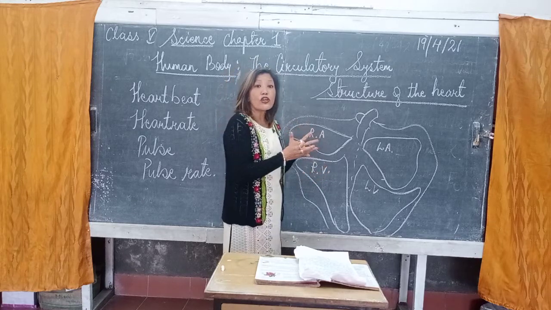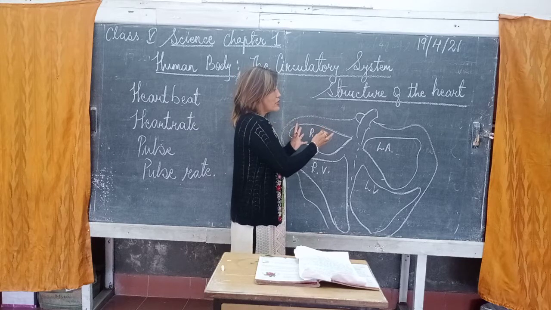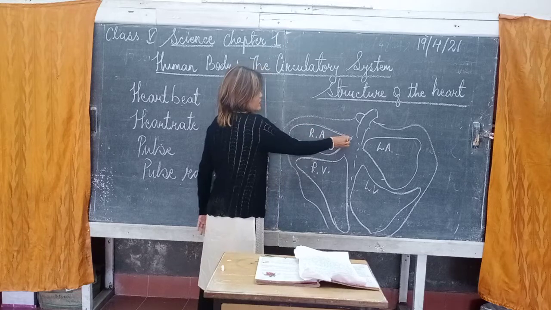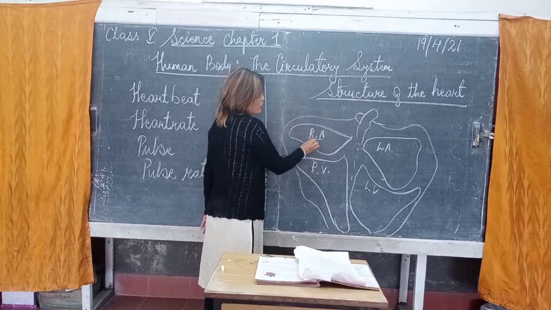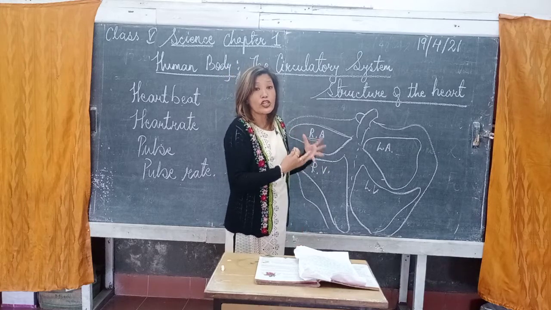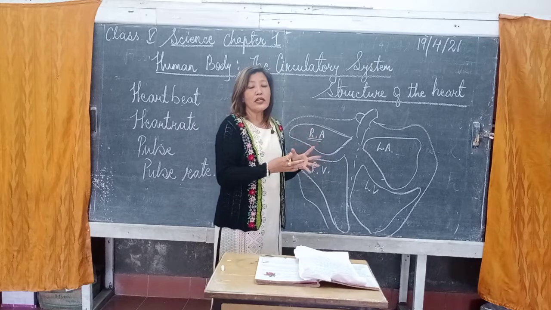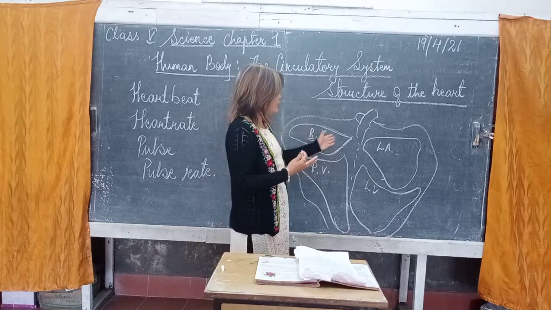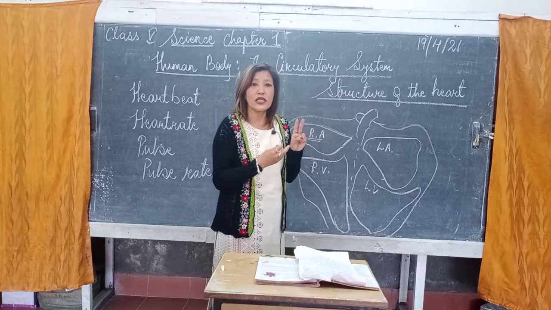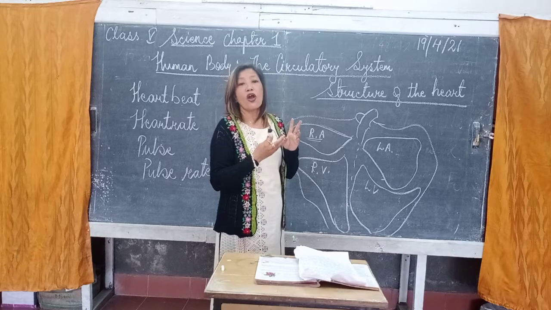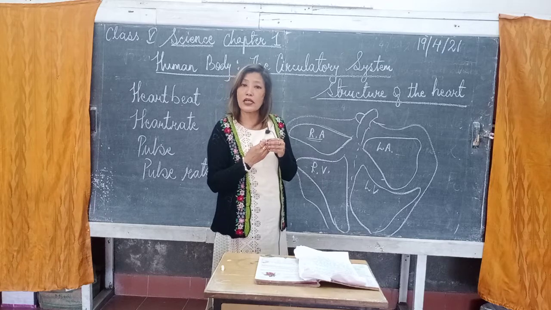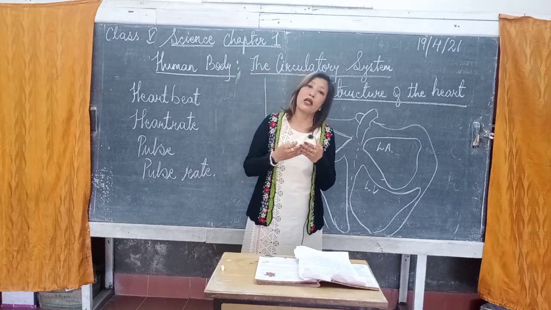If you see the circulation of blood that takes place in the heart through these auricles, this is the right auricle. The right auricle will receive deoxygenated blood. There are 2 types of blood that circulate in our body: oxygenated blood and deoxygenated blood.